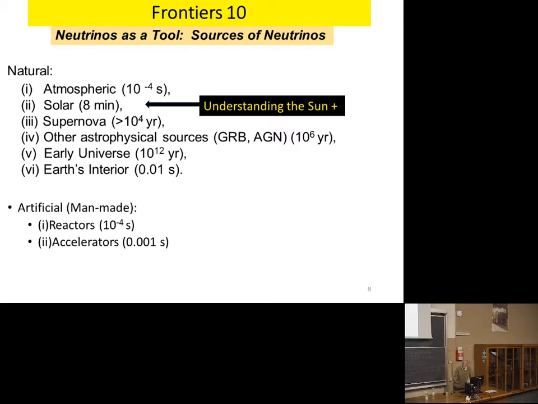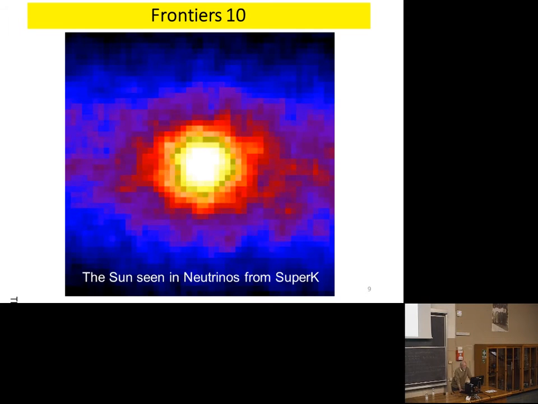When we study particle physics, we make particles that decay. When they decay, they give neutrinos. And so those are the man-made ways. As I show you the science, especially next week, I'll show you how we're going to use these bottom ones to actually quantitate, because we have more control over what happens, to understand some of the open questions, which I'll talk about some today and some next week.